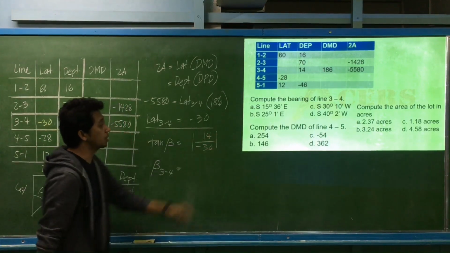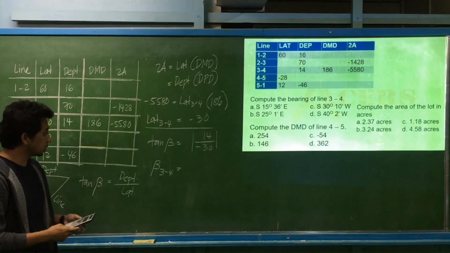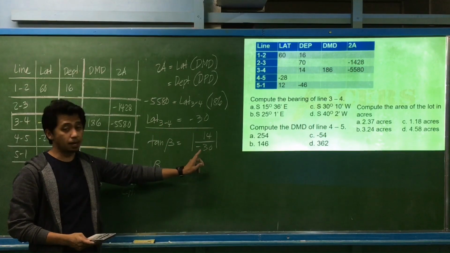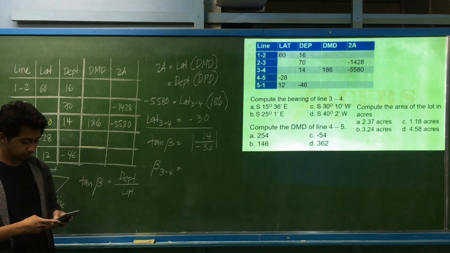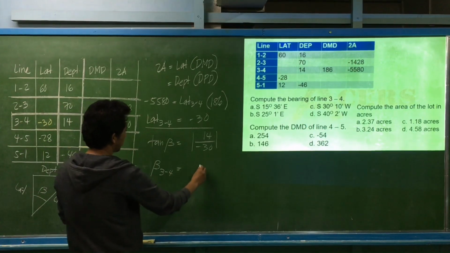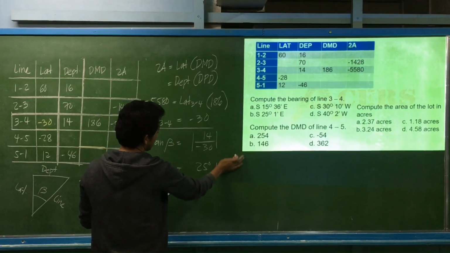That is the first requirement, so it will be shift tangent. The negative sign simply means towards the south, and you may use the absolute value. So that will be 25 degrees 1 minute.